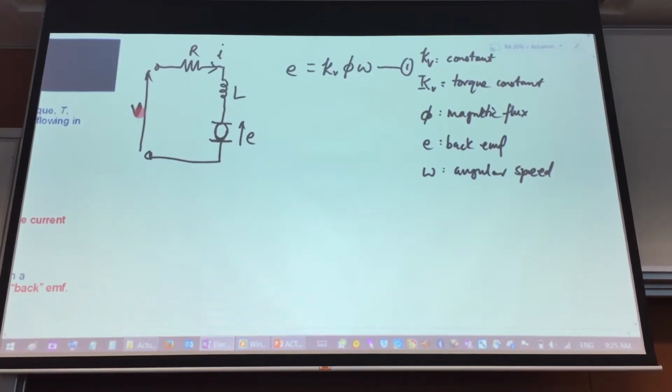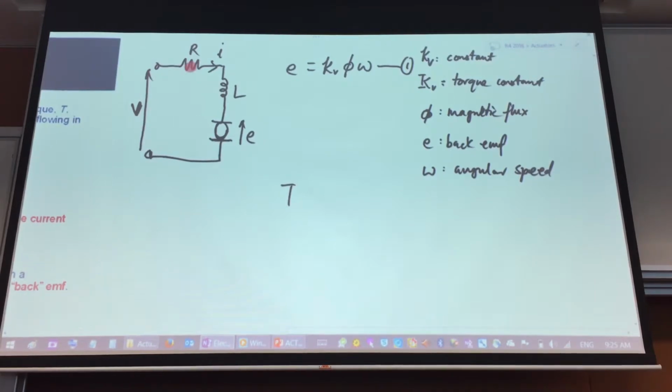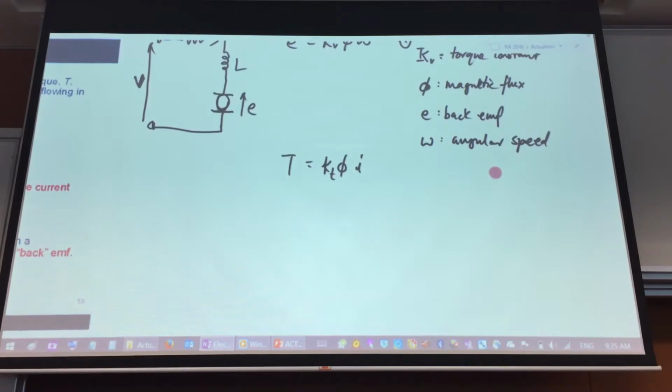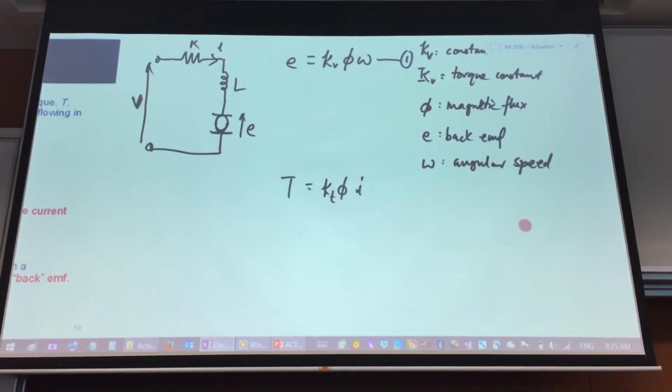To relate the amount of torque that's being produced by supplying the current to your motor, torque will be equal to kT, small letter kT, phi I. And I'll define those as well. Your T here is your torque.